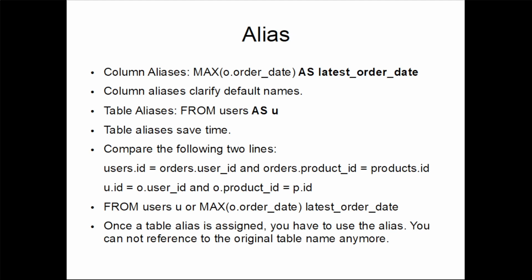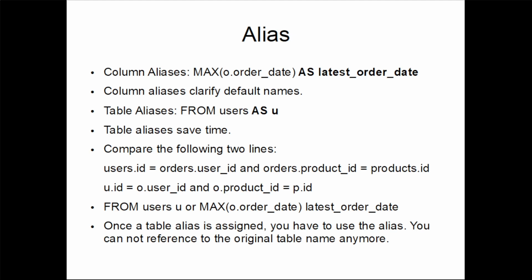There is a subtle art to picking aliases. U for users is intuitive, but you could use USR or even people if you are feeling it. Some people match initials, like O for orders, others go wild and use X for no reason. In most SQL flavors like Postgres, MySQL, SQL Server, AS is optional for both column and table aliases.